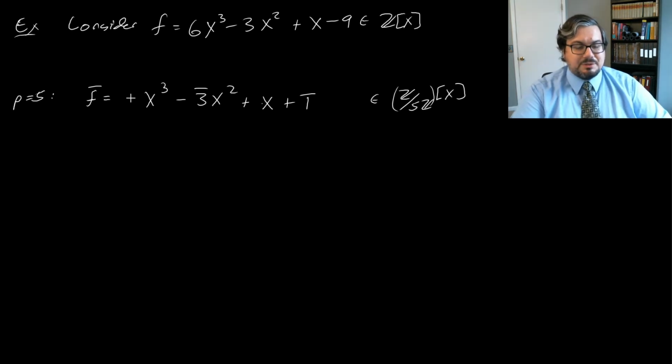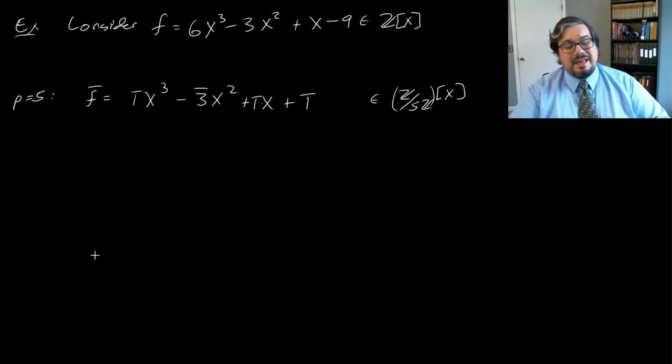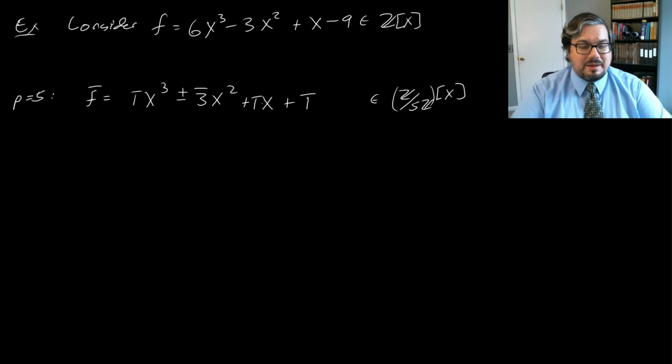So after reducing modulo 5, we get this polynomial here. You could, of course, put in the coefficients of 1 in front of the x's. This is also not the only way to describe f bar, because you have different representations of the various cosets in Z mod 5Z to work with.